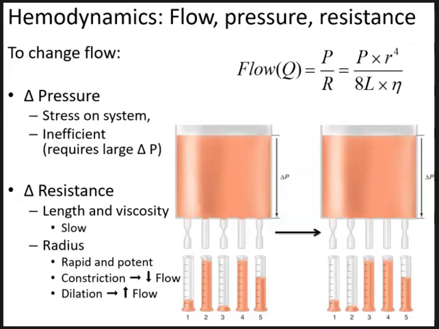And to change viscosity of blood would be too slow, and we talked about that in earlier slides. So a more practical way to change resistance in order to change flow is to make changes to the radius of blood vessels, and this proves more rapid and more potent, and you can do this at various points within the body.